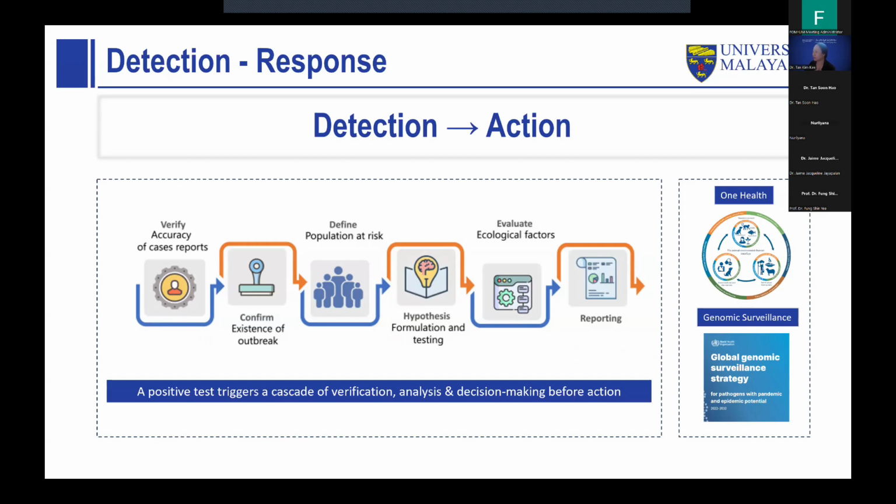After that, we need to check on the groundwork, including the ecology, the reservoir, and the arthropod, and consolidate all the evidence, and then we can do a full outbreak response. So in short, the detection of a spillover event is a spark. It's not the actual fire, but it kickstarts the investigation we need to do in order to have proper control.